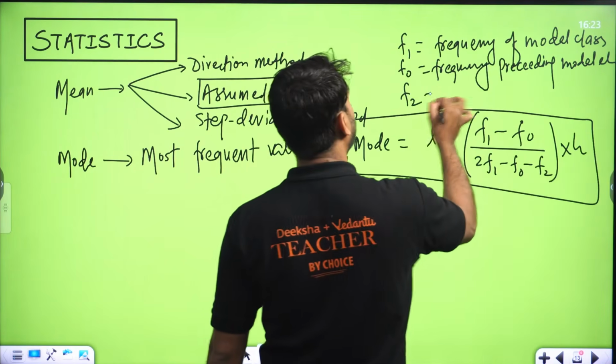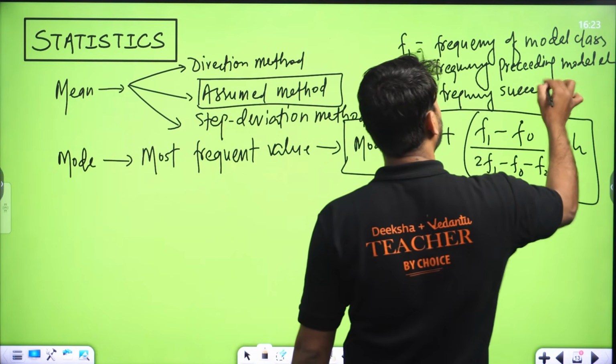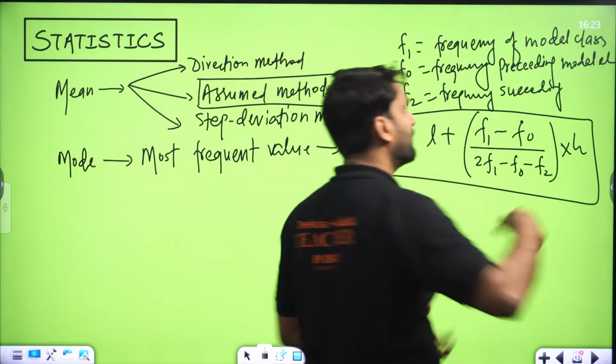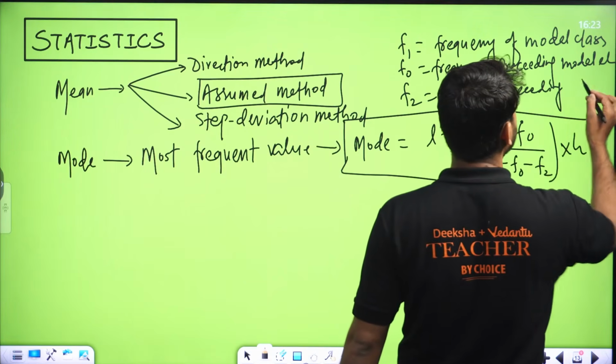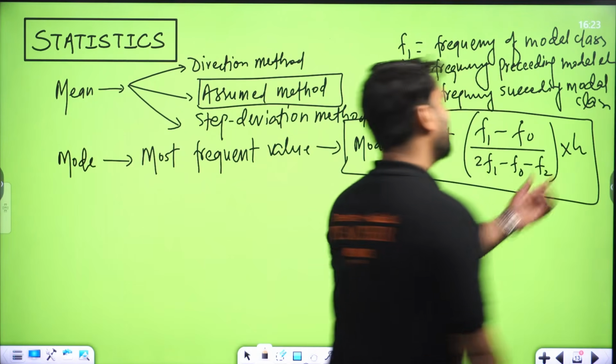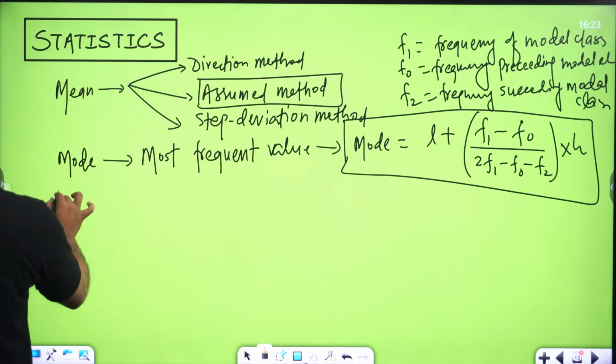And f2 is the frequency succeeding the modal class, meaning the frequency next after the modal class. H is the class size, and L is the lower limit of the modal class. So this is very important.